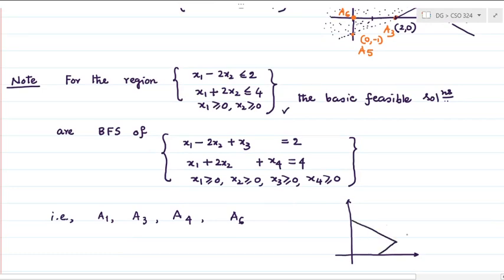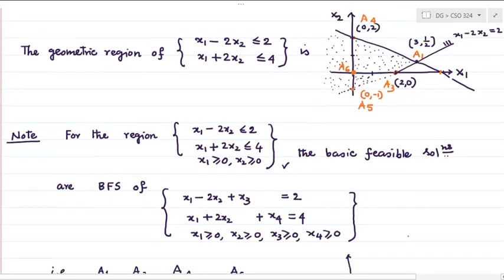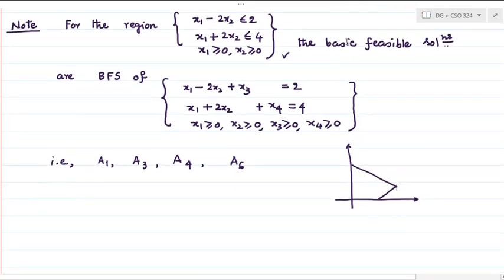Here are the locations. A1 from this figure, A1 is here. A3, A6, A4. Fine.